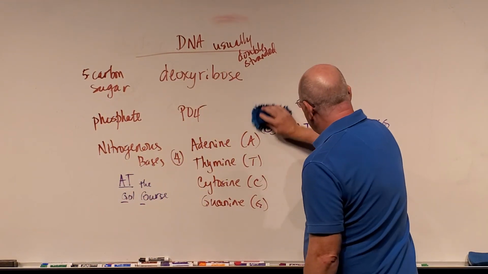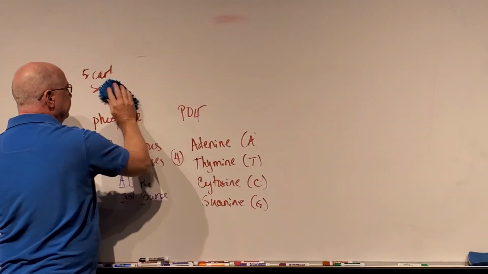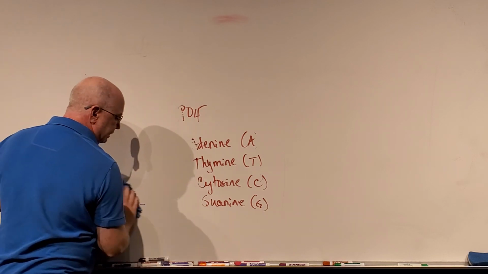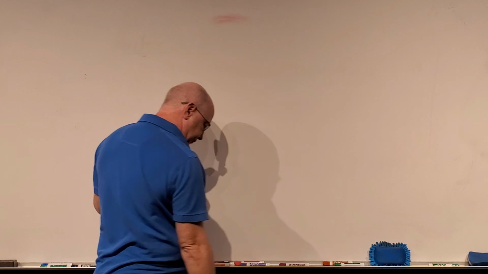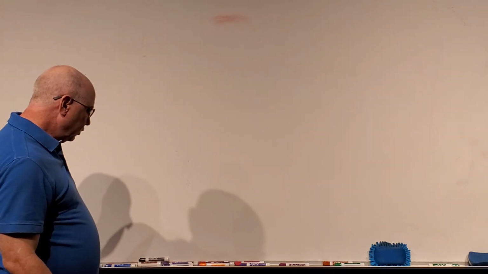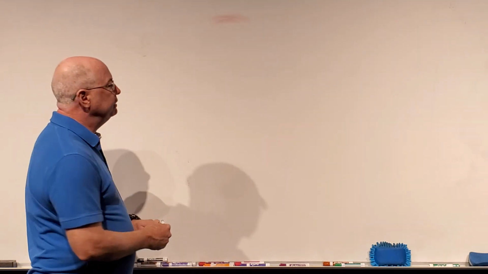Now, one of the things we know about RNA is that RNA is usually single-stranded. And again, I don't like saying that because RNA can be double-stranded, especially tRNA. But when it comes to RNA, usually, according to our book, it's single-stranded.